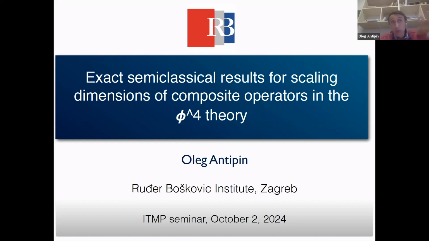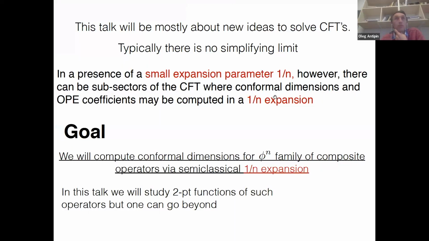Okay, so today I will talk about the title, which Dima already said. This talk will be mostly about some new ideas to solve conformal field theories. As you well know, there are typically no simplifying limits. That's why they're hard to solve.